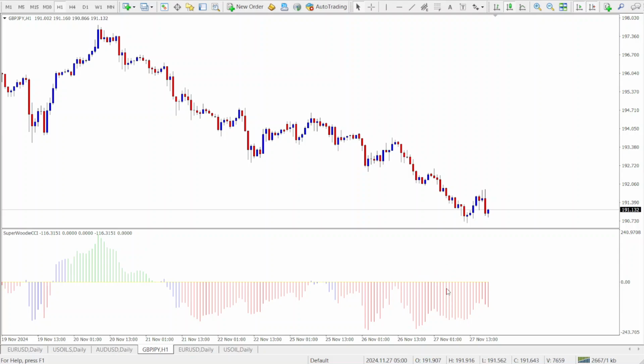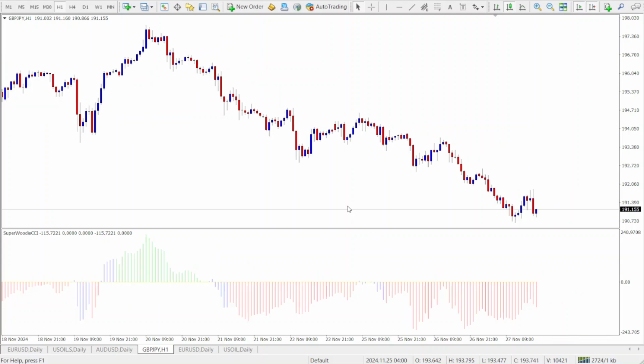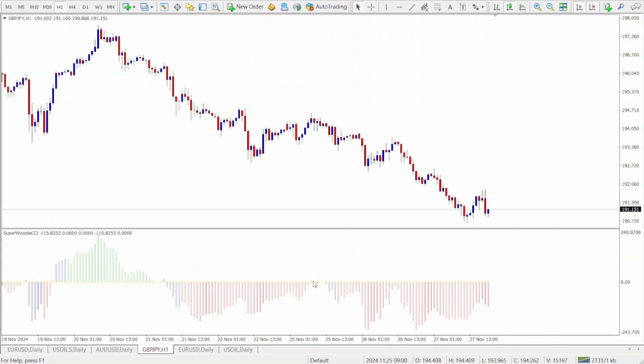While the commodity channel index indicator does not use histogram bars to display signals, the Super Woodie CCI makes use of these histogram bars to help you identify the momentum in the market. So when making use of the Super Woodie CCI, what you have to do is watch out for the position of the histogram bars with respect to this indicator window, referencing this zero level.